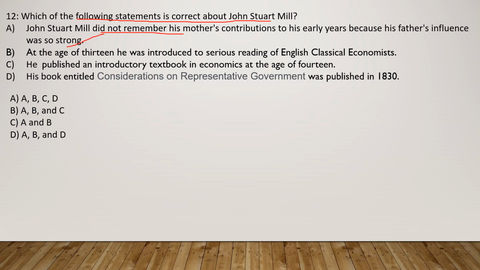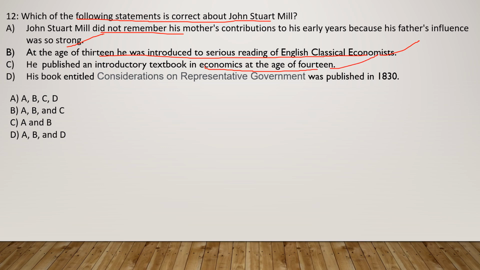This is correct. About this, we have already discussed in the autobiography of John Stuart Mill. At the age of 13, he was introduced to serious reading of English classical economists. This is also correct.